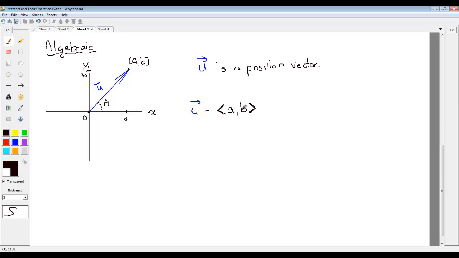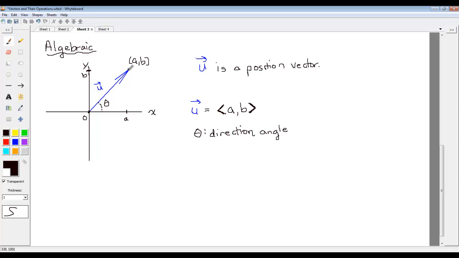And knowing where the endpoints are, we can also figure out information about theta, which is the direction angle, because the vector does have direction, not only magnitude but direction. So theta is the direction angle.